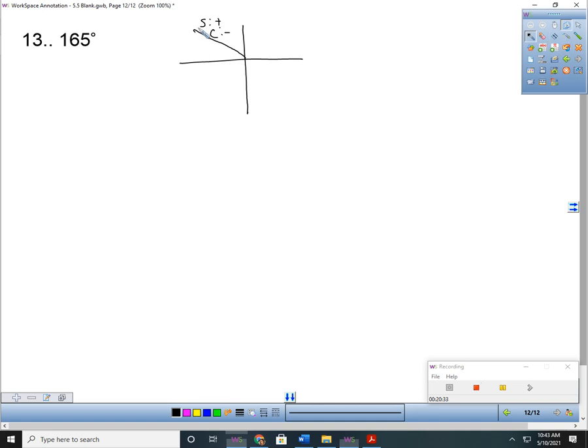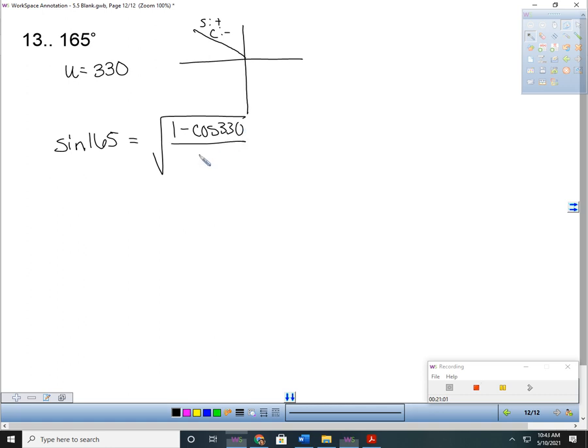So I know that when I do my half angle, the sine will have a positive root, but the cosine will have a negative. Then I'm going to double this. So 165 doubled is 330. So I start with sine of 165 is equal to the positive square root of 1 minus cosine of 330 all over 2.